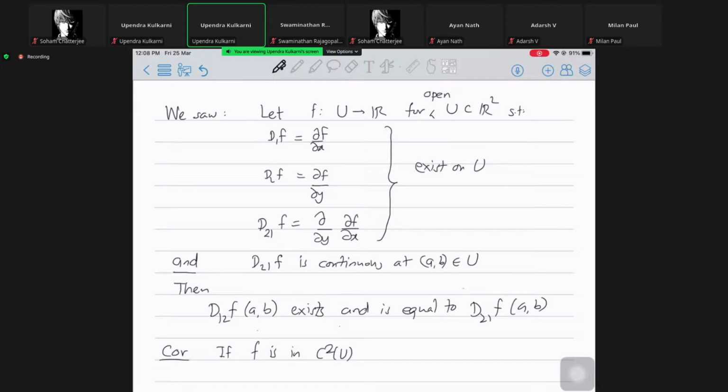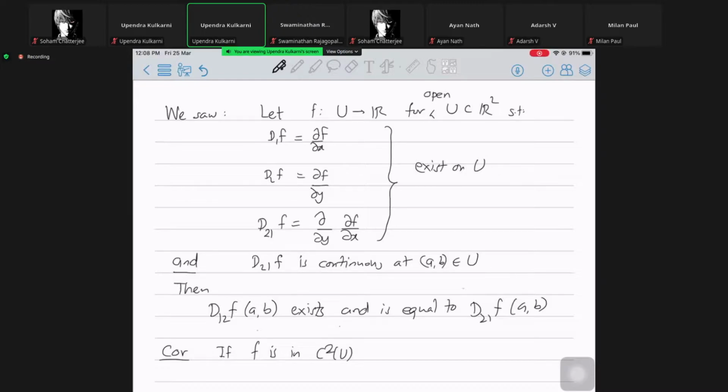They're going to be d11, d22, d12, and d21, which are respectively del by del x of f, and so on and so forth, right? But we also know that f being in C^2 is really the same thing as all of these partial derivatives being continuous. So the hypotheses that are up there are easily satisfied.